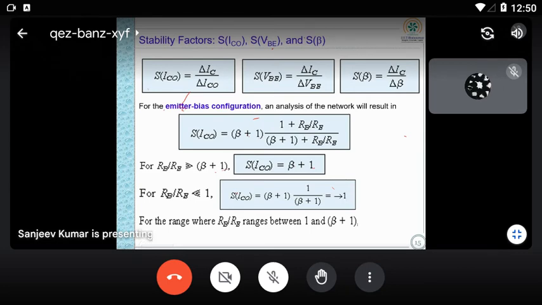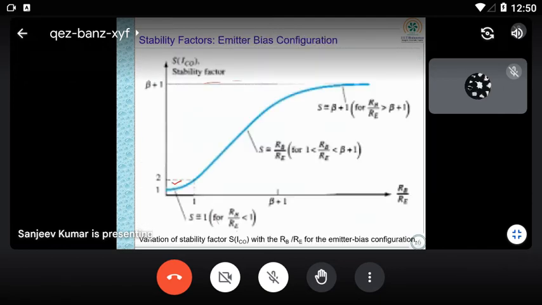If you are plotting the stability with respect to the resistance ratio RB by RE, stability will behave like this. For any circuit, you can see how resistance values are responsible for stability.